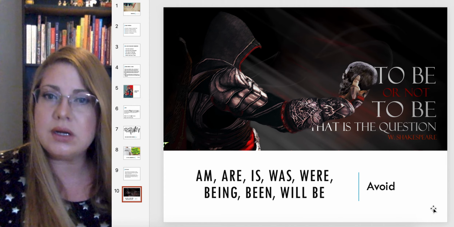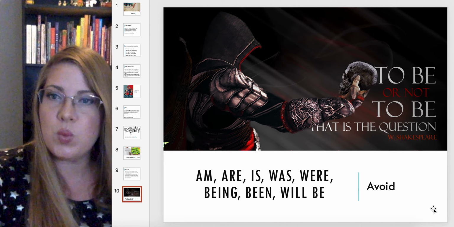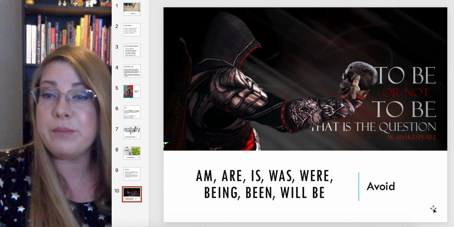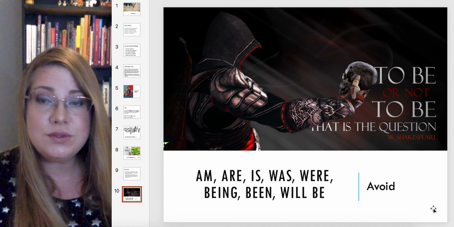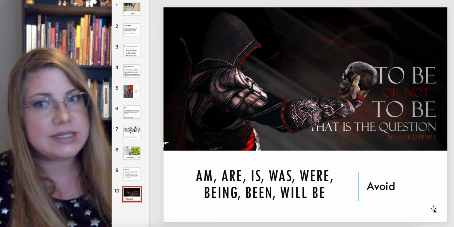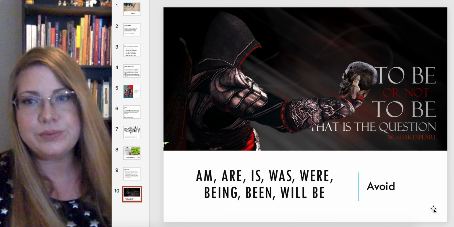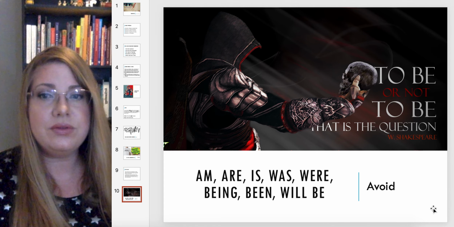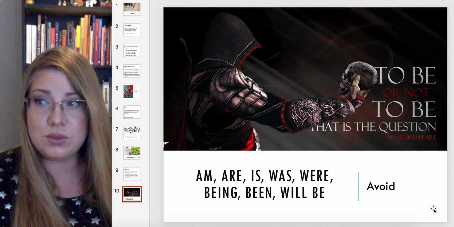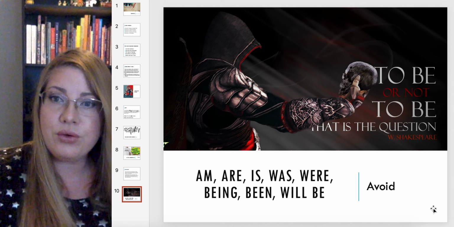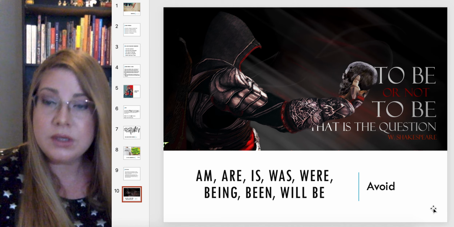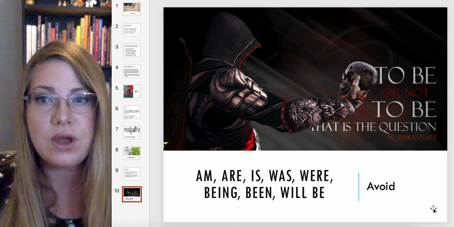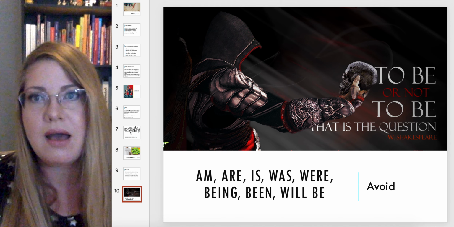The fewer am, are, is words you use in a paper, the better it is. You may have to use a few just to avoid the ridiculousness of trying to get around something that just is. But in general, if you can bring that down to rarely, your writing will be better. So I hope that helps on rounds 1 through 6 of editing.